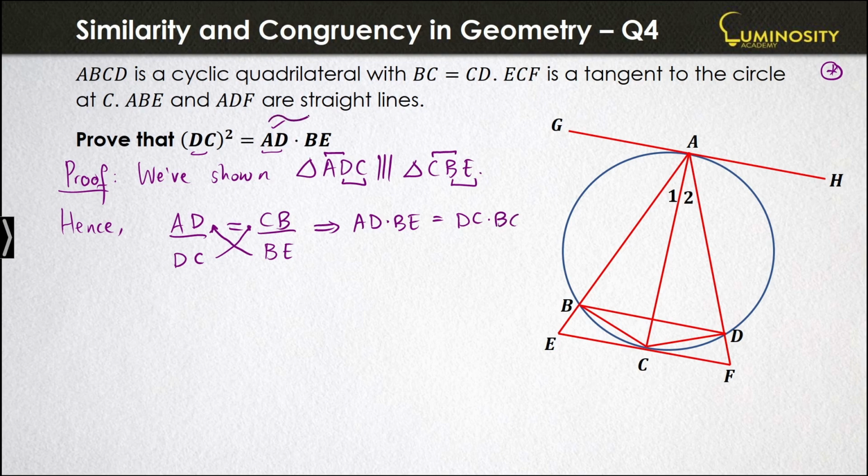Okay, so we've got this side here. That's fine, but we don't have this side here yet. Okay, but note that DC and BC are equal. That was given to us as information. So I can replace this BC with DC. So DC times DC is DC squared. That's equal to AD times BE. And that's exactly what we wanted to prove.